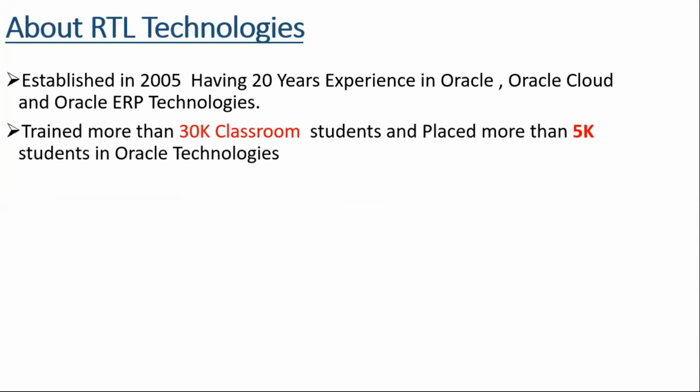I have provided classroom training to almost 30,000 students. I have placed more than 5,000 students across the world, exclusively in Oracle applications. We don't train other technologies because we are mainly into training and placements. Generally, an institute mainly provides the trainings, but we take care of training and placement. That is very important for us.